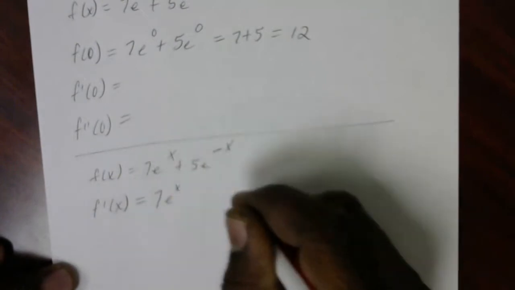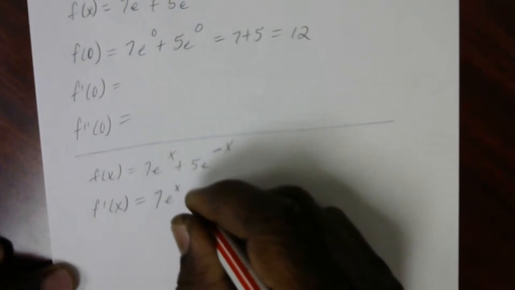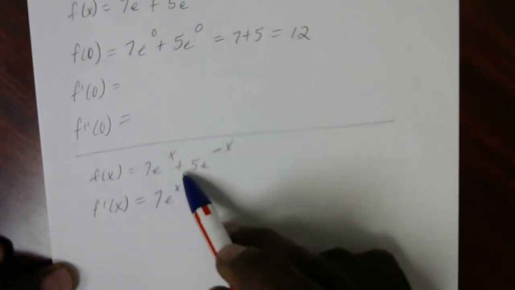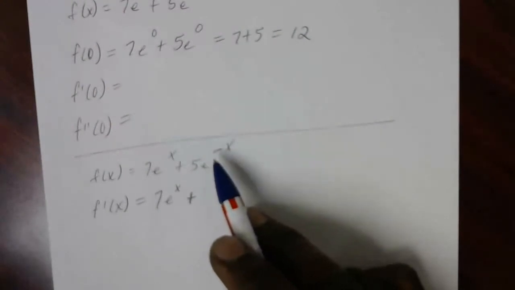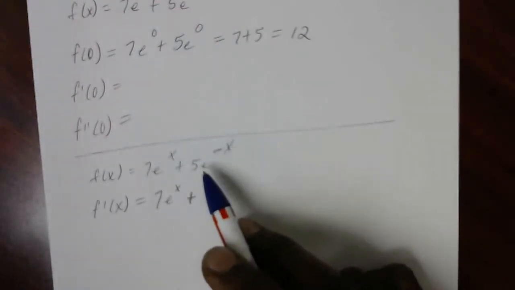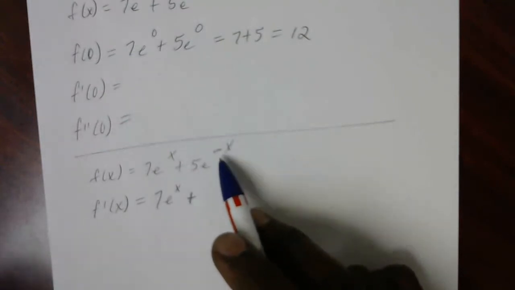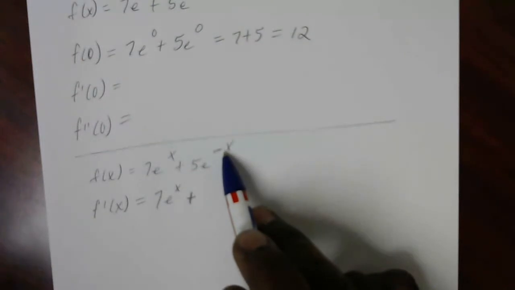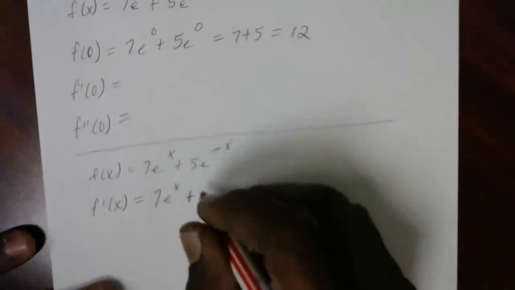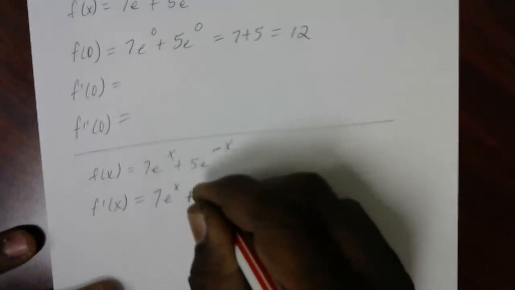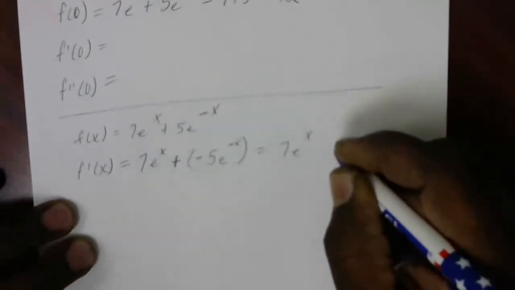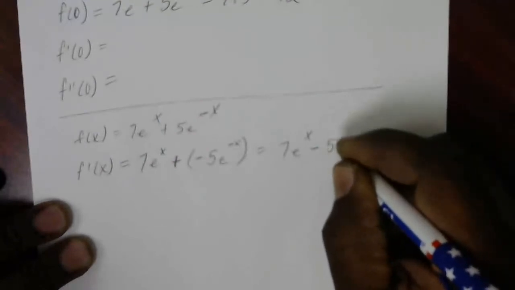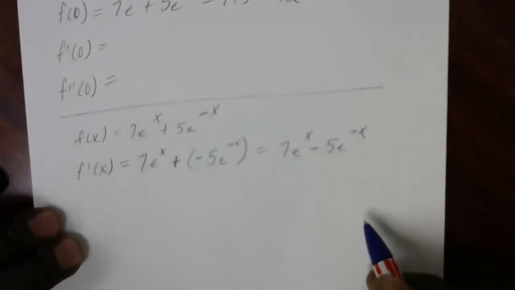So we have 7e to the x plus, when you take the derivative for e to the negative x, remember that the derivative of e to the x returns what you're given. In this case, it's e to the negative x times the derivative of your power. Right. So here I should have negative 5e to the negative x. So my first derivative should be 7e to the x minus 5e to the negative x.